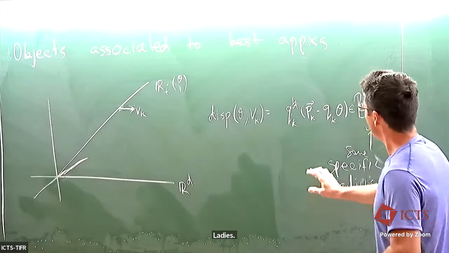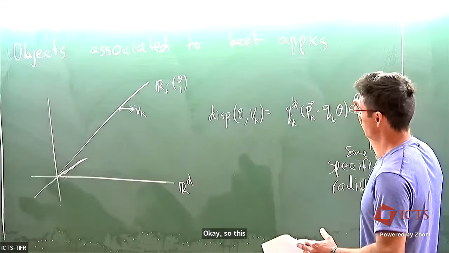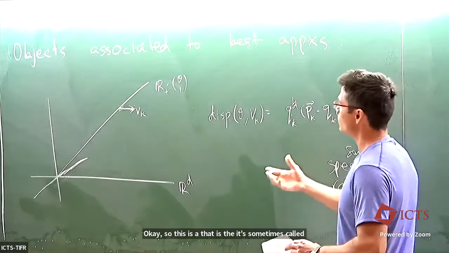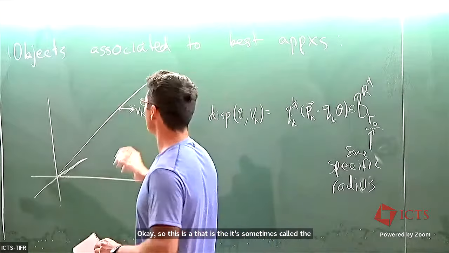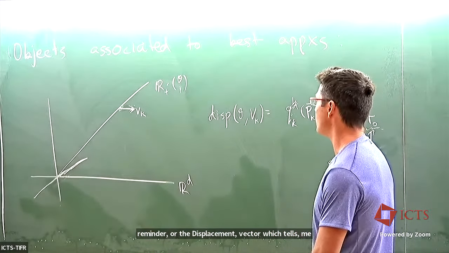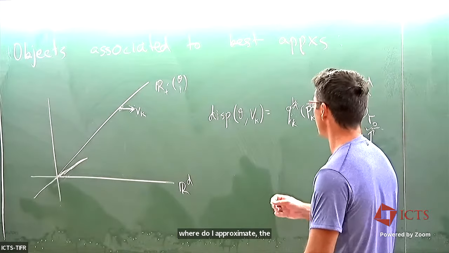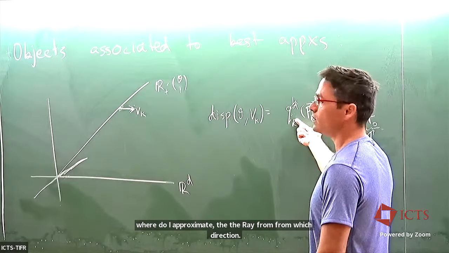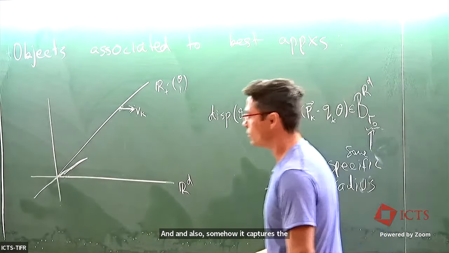This is sometimes called the remainder or the displacement vector, which tells me from which direction I approximate the ray, and also captures not only the direction but also the quality of the approximation.